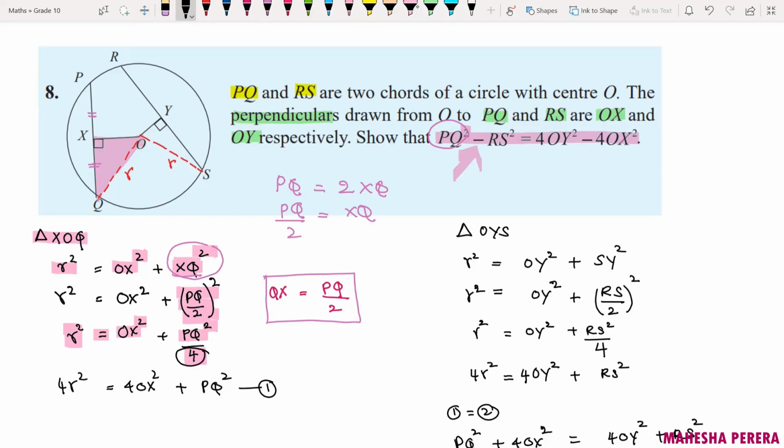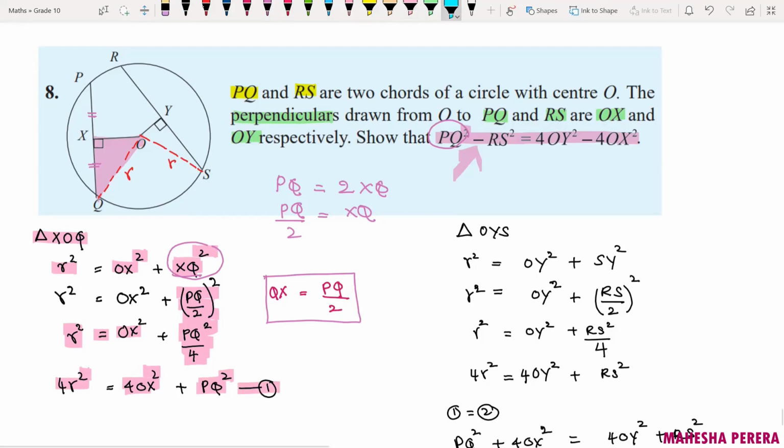For this, we need to multiply each term of this equation by 4. So when you multiply each term by 4, what do you get? 4R squared equals 4OX squared, and when you multiply this term by 4, the 4s will be cancelled and you get PQ squared. So let's name it equation 1.